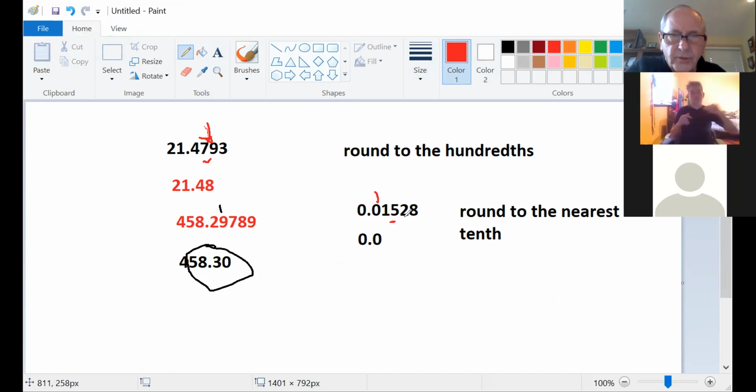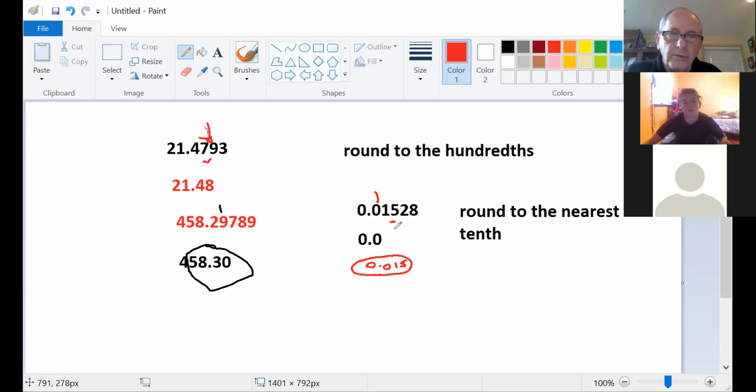I look to the right, it's a 2. It's less than 5. So this 5 doesn't change. So it ends up being 0.015. And you don't go any more than that. That's your answer. Okay? Does that make sense now?